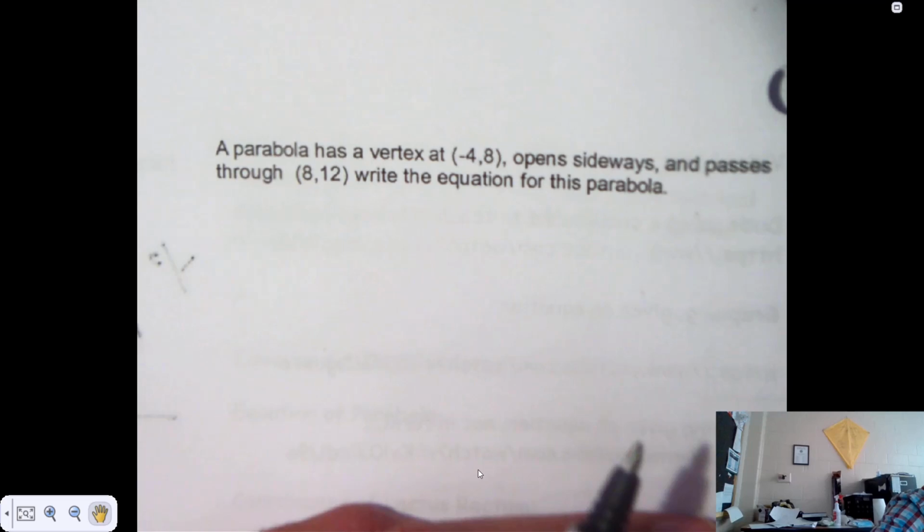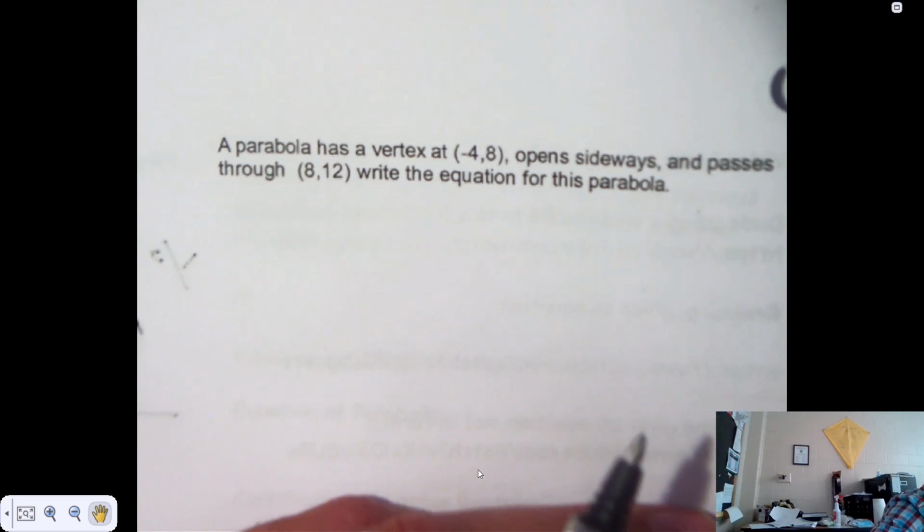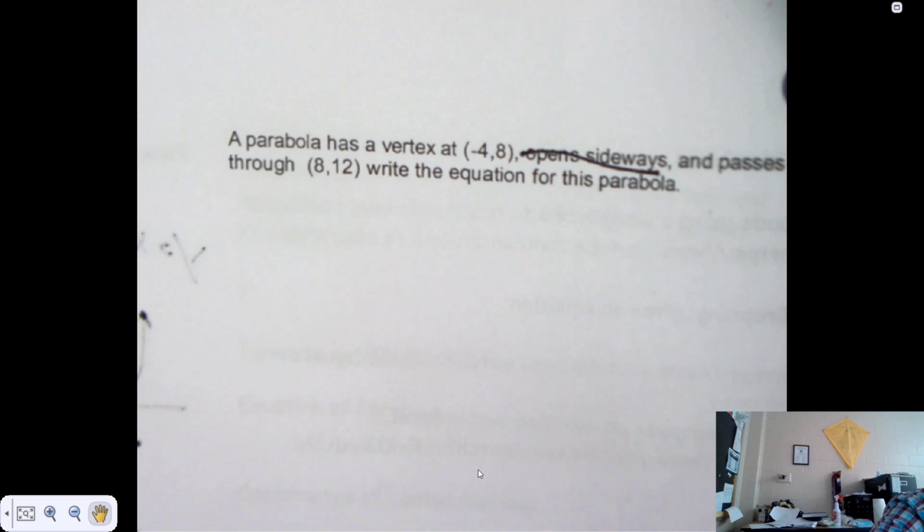Doesn't talk about graphing. Parabola has a vertex at -4, 8, opens sideways, and passes through 8, 12. Write the equation for this parabola. Open sideways. What's the form? Brenton says y first.